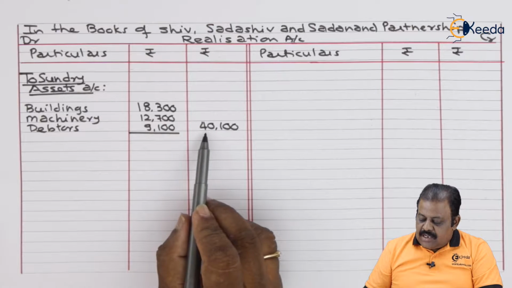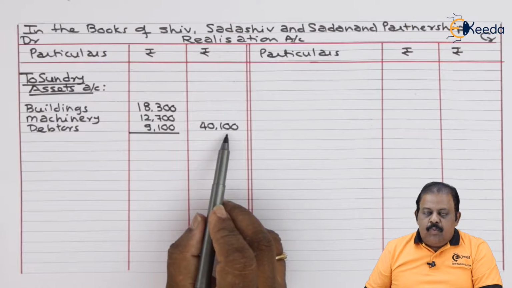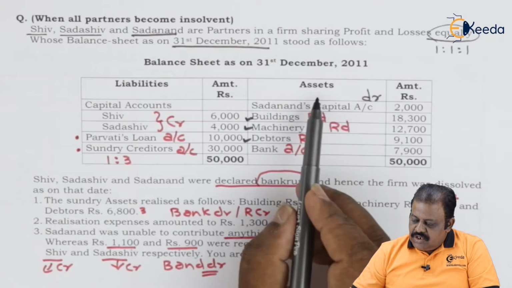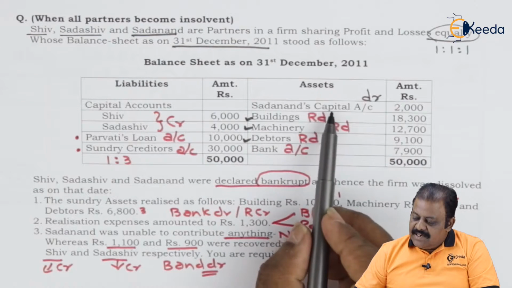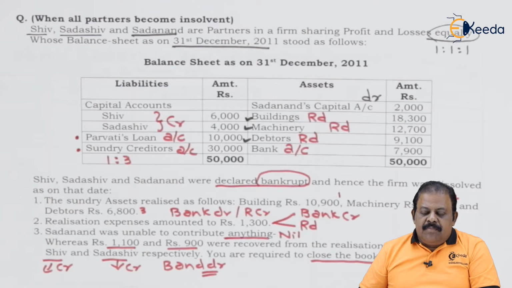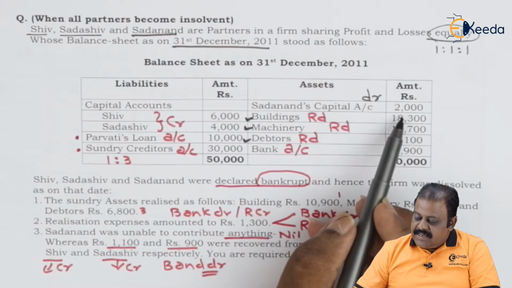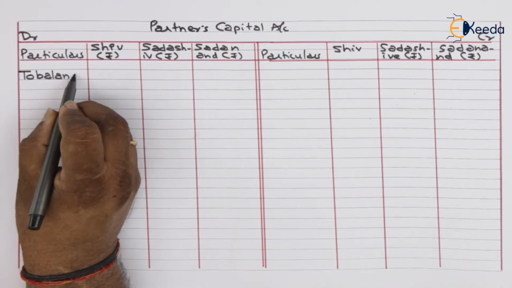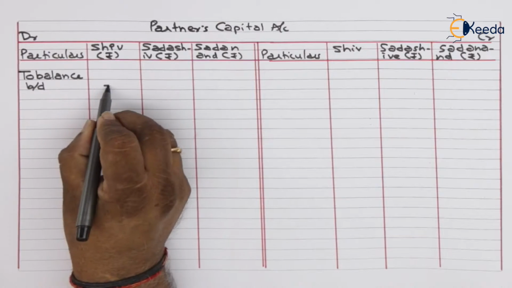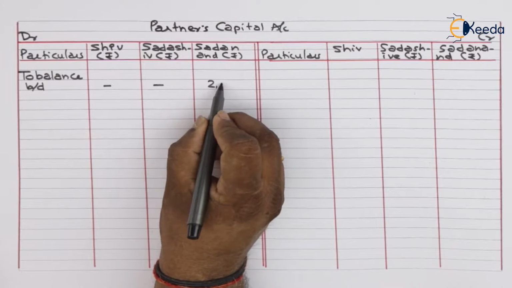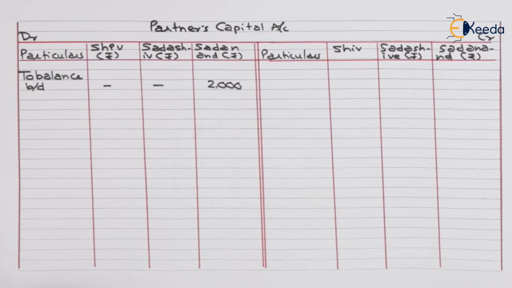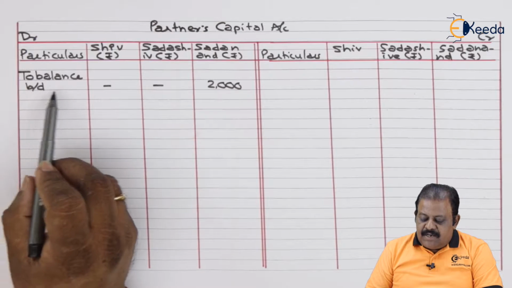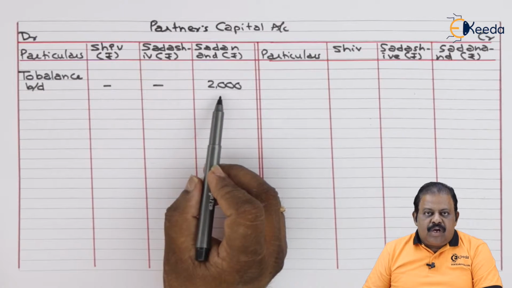Total book value transferred 40,100. Sadanand's capital account is shown on the asset side, which means it has a debit balance. It will be transferred to the partner's capital account debit side. Partner's capital account, Sadanand, debit side, to balance brought down 2,000.